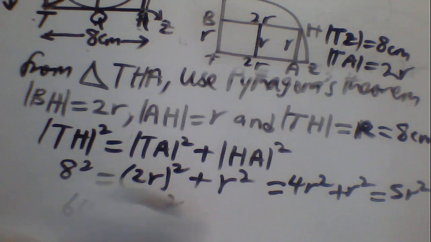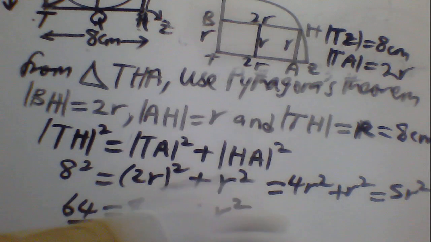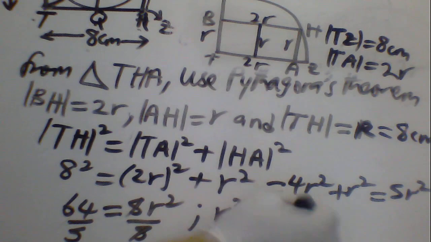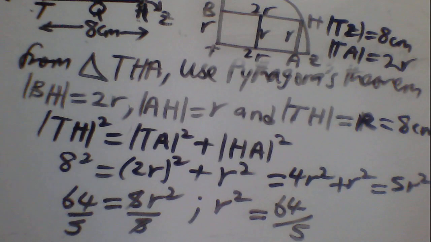And once we divide by 5, we have r squared to be equal to 64 divided by 5. r squared is equal to 64 divided by 5.